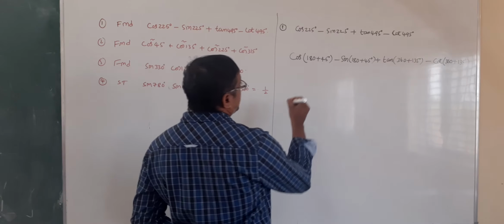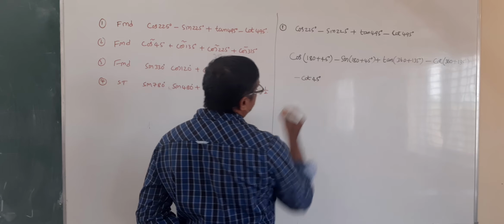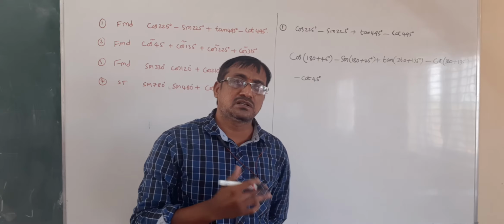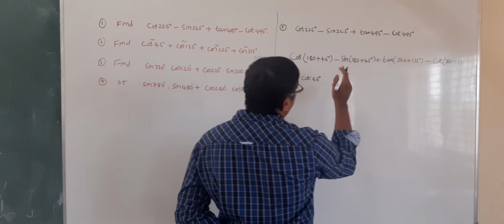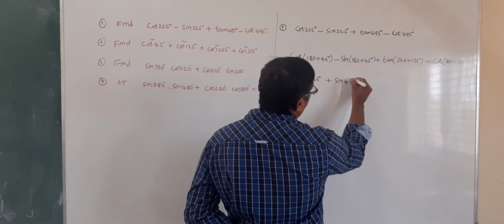Now cos of 180 plus theta is minus cos 45 degrees. 180 plus theta is in the third quadrant, so you will get minus cos theta. And sin of 180 plus theta is minus sin theta, so you will get plus sin 45.